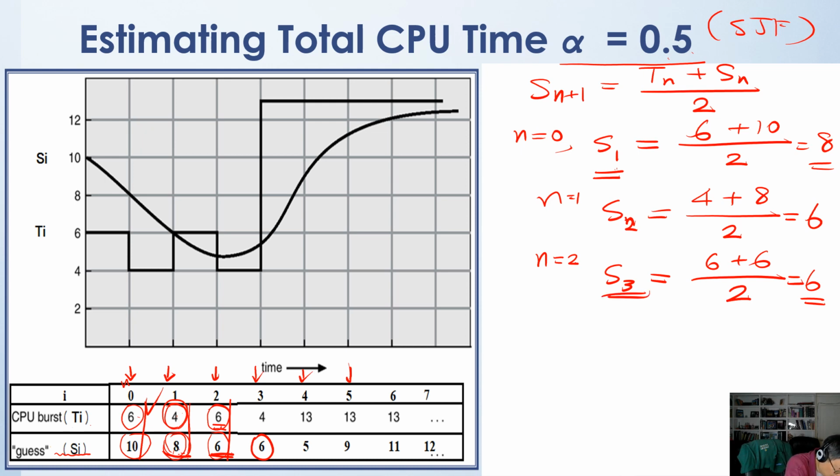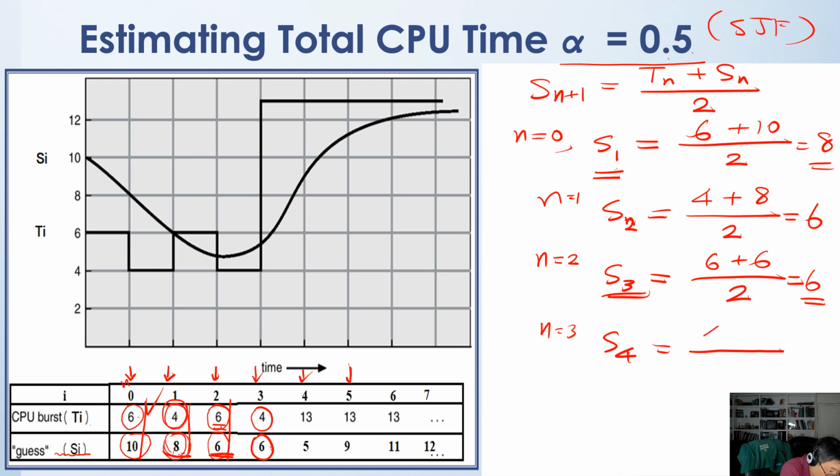Okay. And then that's the next one, S3. Again, after the CPU executes this process in the next CPU run, we find the observed CPU time was 4. Then we're going to use this in the next prediction.